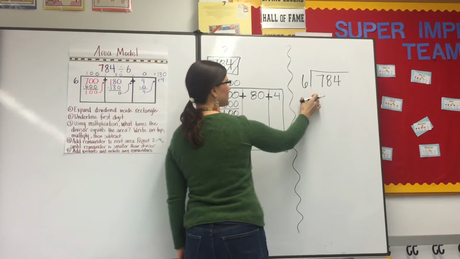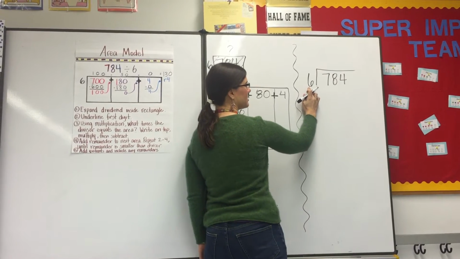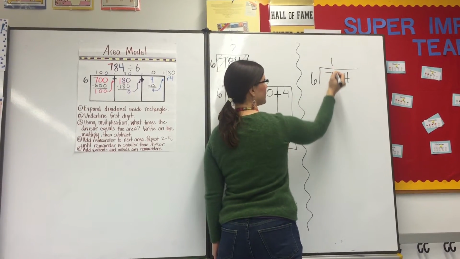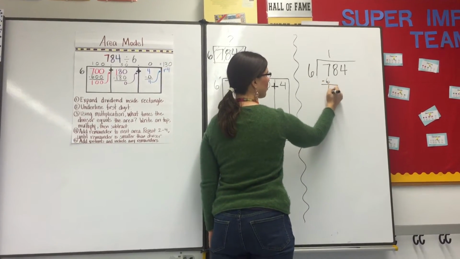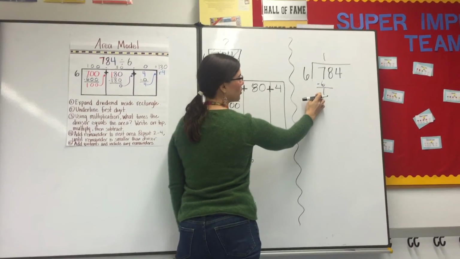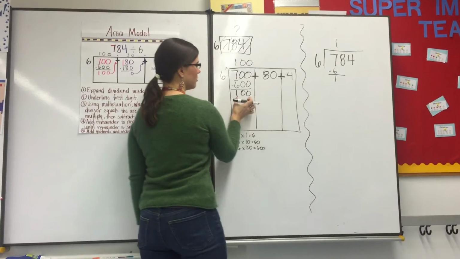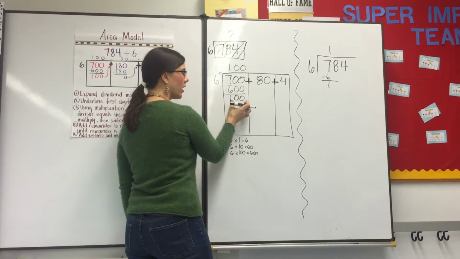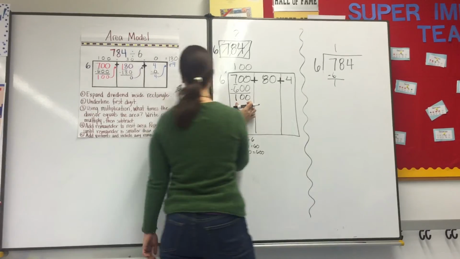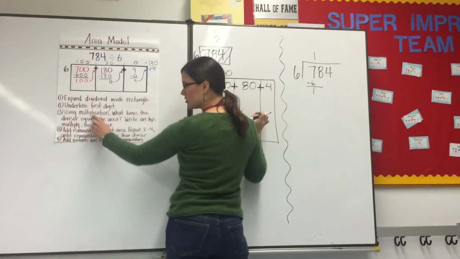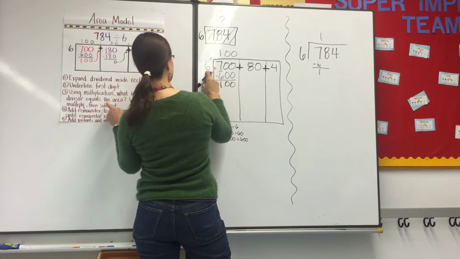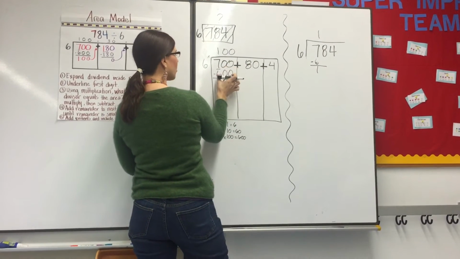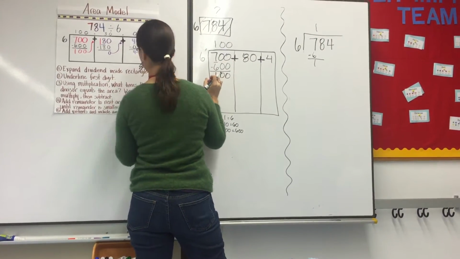So I'm going to come over here to the standard algorithm. We say 6 goes into 7 one time. 1 times 6 is 6 with 1 left over. This is actually 100 left over. And here we show that we have 100 left over. Our next step, we did using multiplication: what times the divisor equals the area, or a number close to it without going over.